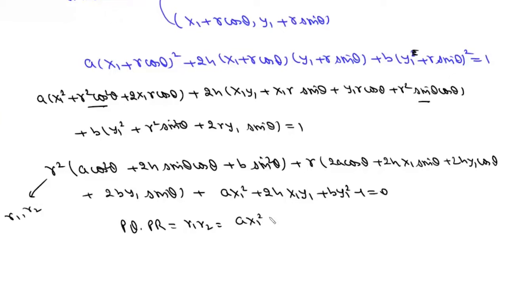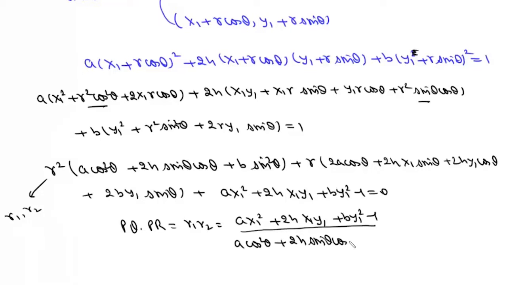So which is a x1 square plus 2h x1 y1 plus b y1 square minus 1 upon this a cos square theta plus 2h sin theta cos theta plus b sin square theta.